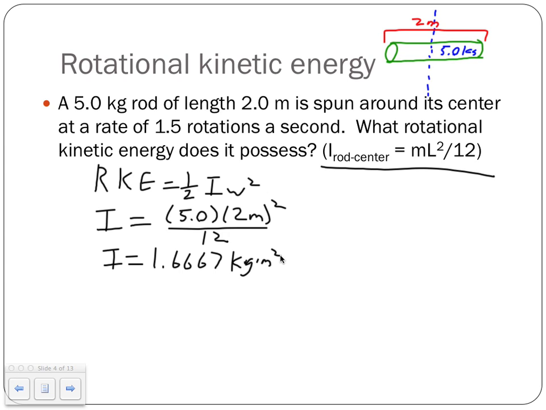Next thing we need to find rotational kinetic energy is omega, the angular velocity, which is in radians per second. So how many radians does this go? It says 1.5 rotations. A rotation is 2 pi radians, so the number of radians is 1.5 times 2 pi, divided by the number of seconds, which is 1 second.